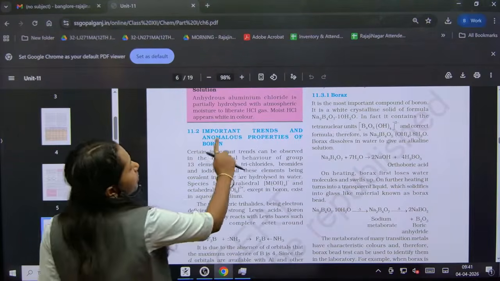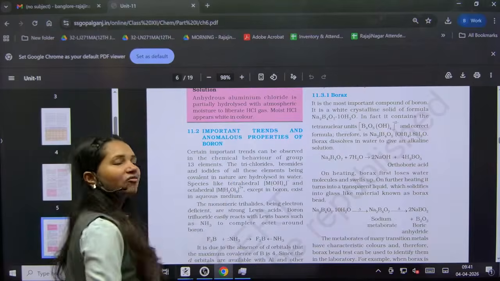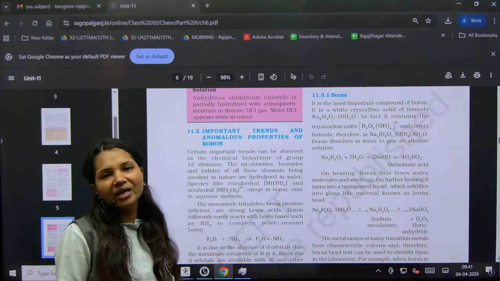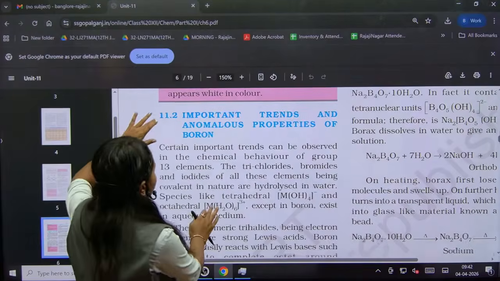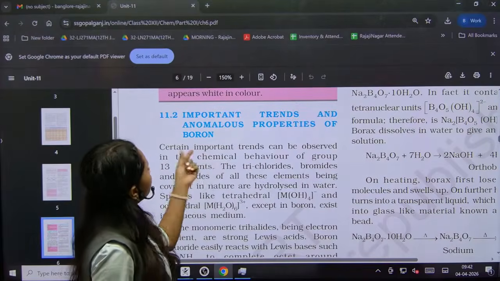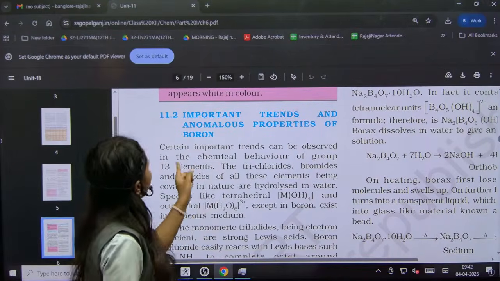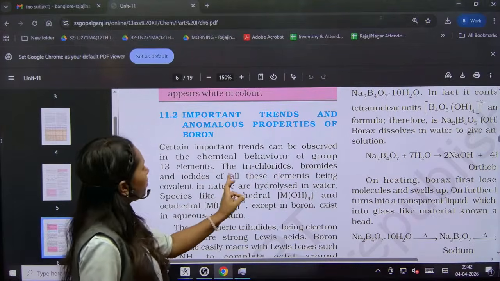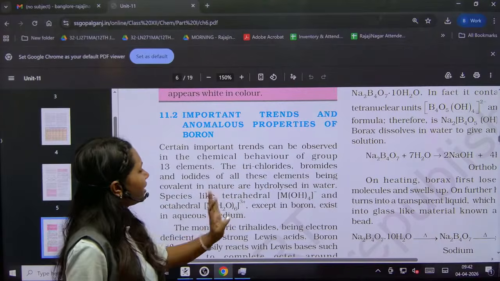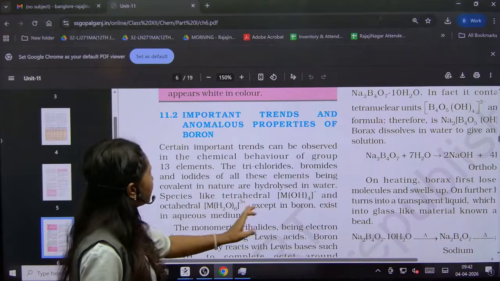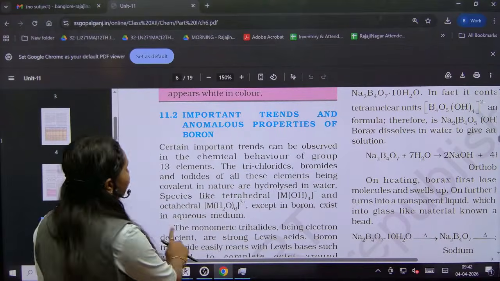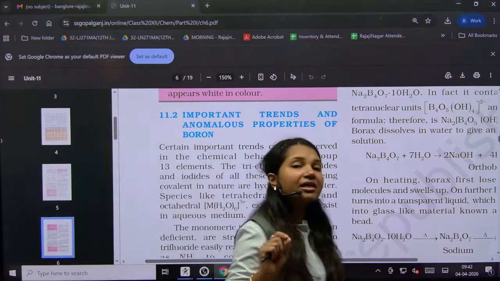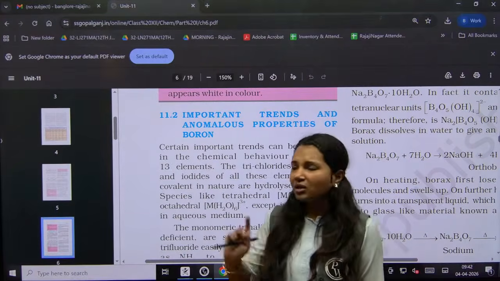Here, important trends and anomalous behavior of boron. What are the anomalous behaviors shown by boron? Certain important trends can be observed in the chemical behavior of group 13. The trichloride, bromide, and iodide of all these elements are covalent in nature and are hydrolyzed in water, except in boron. So like this, you have to stick to the portion and read.